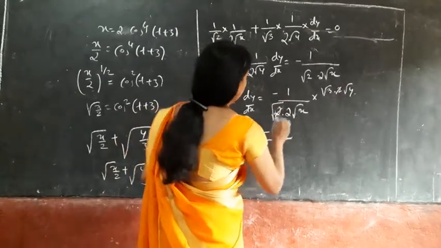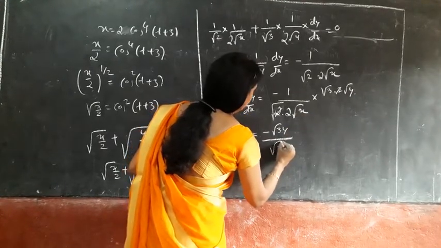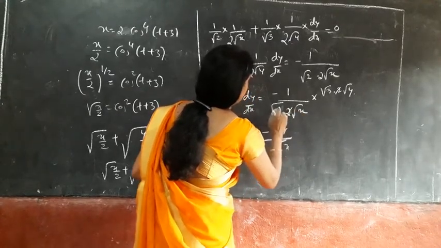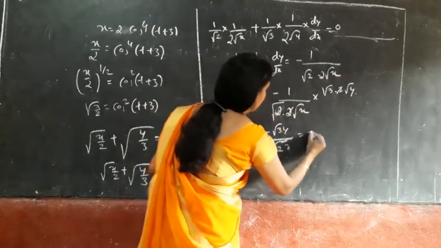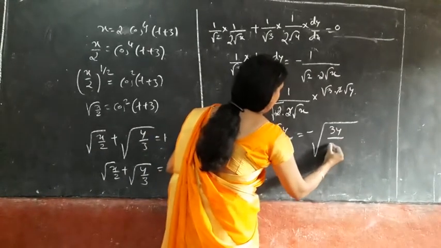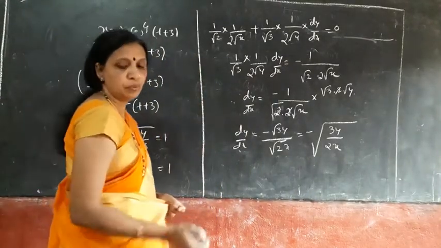Here we get √2 into x. Not √2, the 2 is going to get cancelled. So we can write dy/dx equal to minus square root of 3y upon 2x.